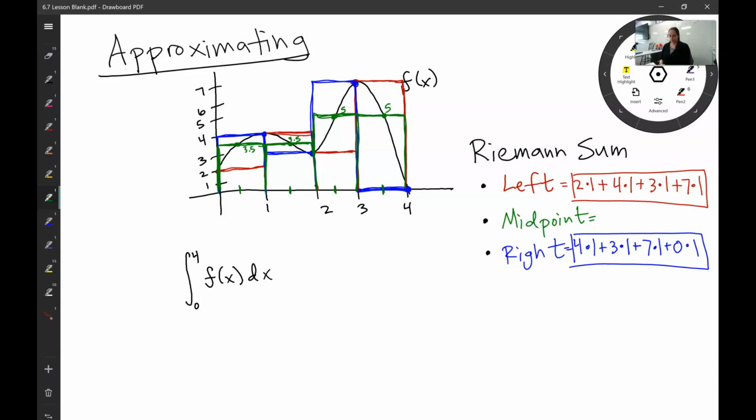So my midpoint is going to be 3.5 times 1 for this first rectangle, plus 3.5 times 1 for that second rectangle, plus 5 times 1 for the third rectangle, and 5 times 1 for the last rectangle. And those are our 3 different kinds of Riemann sums.